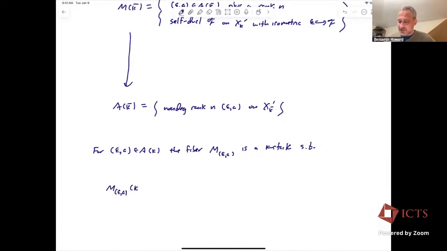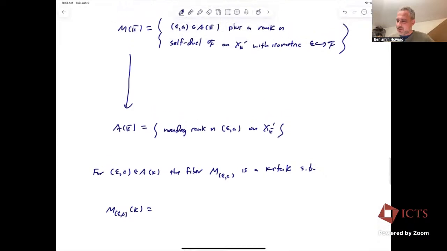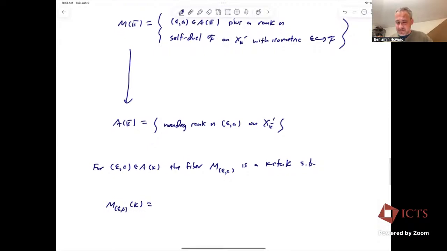by definition of the moduli problem, to give a k point of the Hitchin stack in the fiber of EA is to give a self-dual F of rank n on X prime, no base change, with a map, an isometric embedding of E into it.